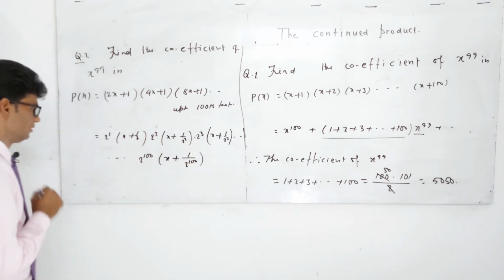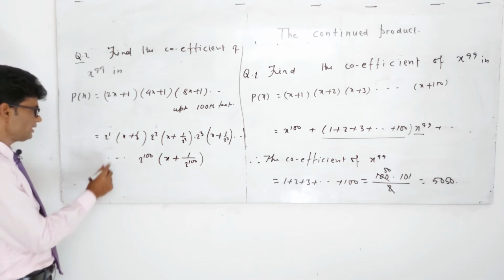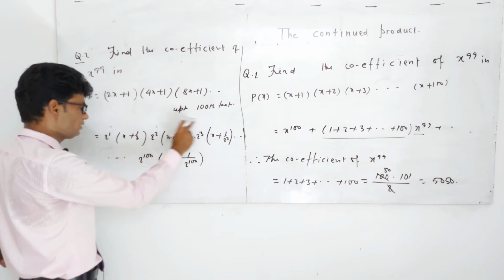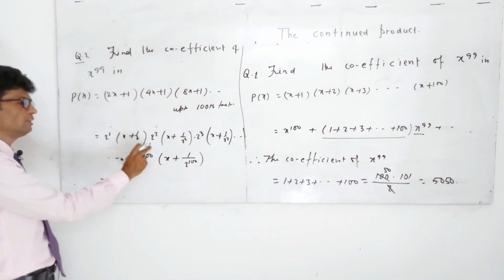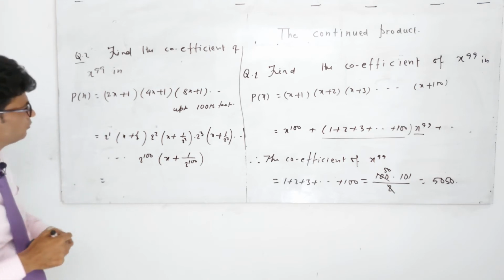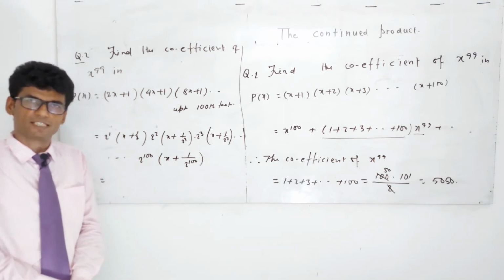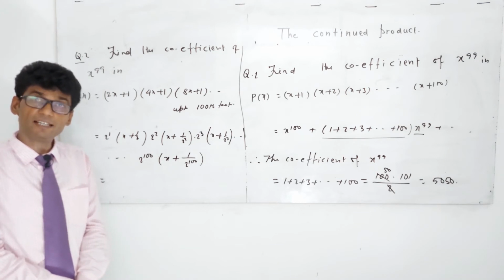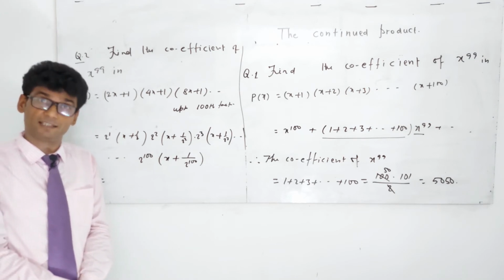Now look here. Firstly, 2 to the power 1, 2 to the power 2, 2 to the power 3, and so on and so forth, 2 to the power 100. As from class 6, we all know, on the same base, powers will be added if they are multiplied together.